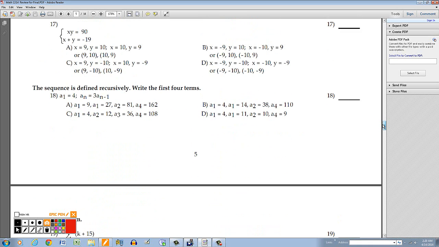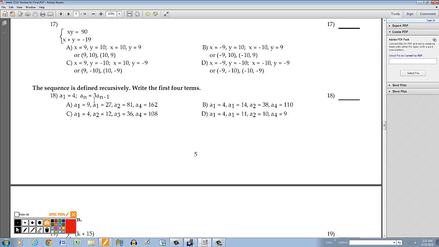Now 18, the sequence is defined recursively. Write the first 4 terms. Okay, so this tells me the first term is 4, and the general term, or the nth term, a sub n, is equal to 3 times a sub n minus 1. So this is telling me that to get the nth term, you multiply the a sub n minus 1 term, but that's the term right before a sub n, by 3.